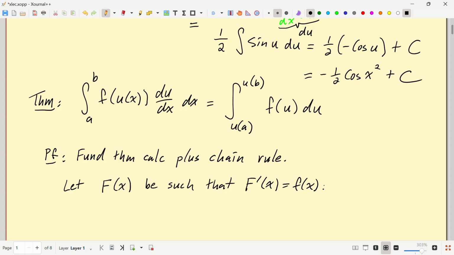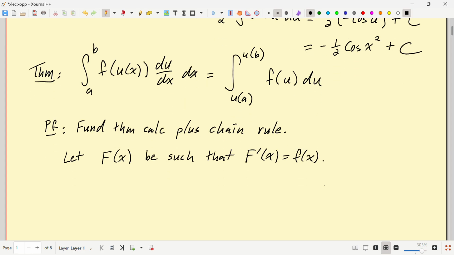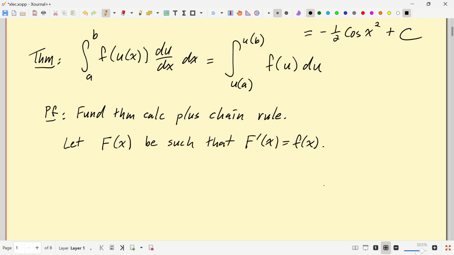The fundamental theorem of calculus showed us a way to find one of those as the integral from something to x.